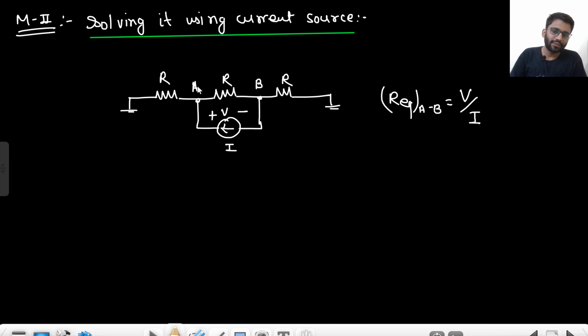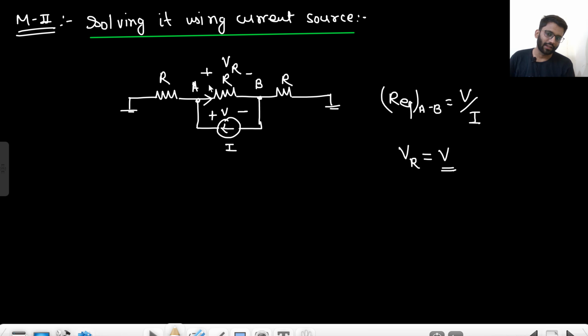Now what I can do is that if I can calculate the current in this resistance, then the voltage across that resistance will be equal to V only. The voltage across this resistance, let's call it VR. So your VR is equal to V only, na?